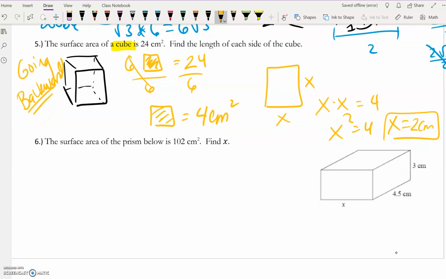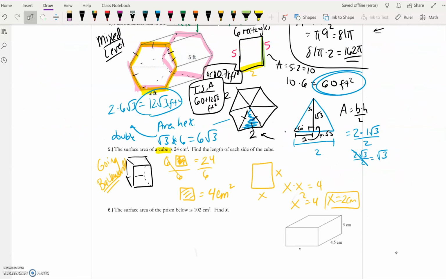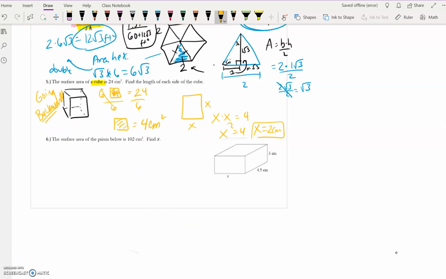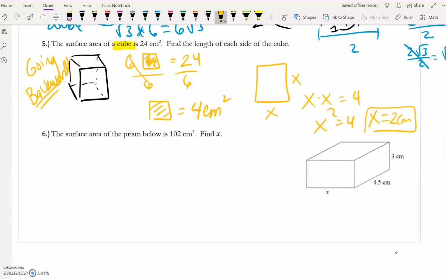Last problem is another surface area of a prism, right? So these like 3 or so, starting with 4 and going on, this is like yesterday, reviewing yesterday's big idea just to make sure we're still feeling good on it. So this one they told you that the surface area is 102. Now let's think about what that would encompass.